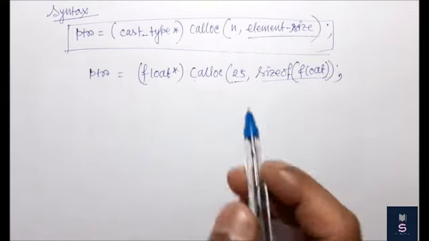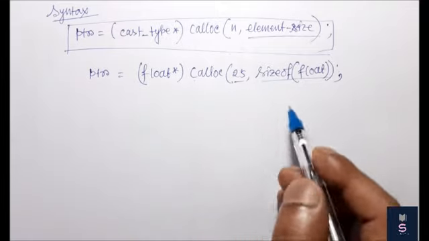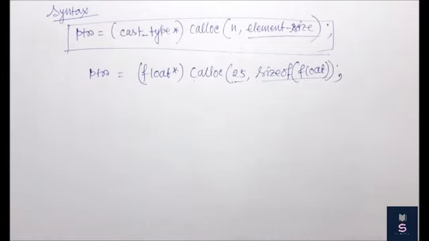So, in this example I will allocate for 25 elements, and this statement allocates contiguous memory locations. That is the difference between the calloc and malloc functions. In the case of malloc, the default value will be a garbage value, but in the case of calloc, each block is initialized with the default value 0, right.